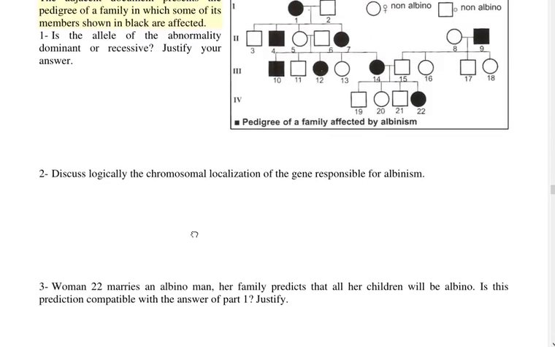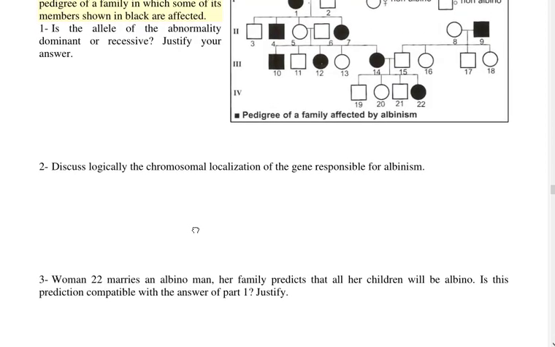Woman 22 marries an albino man. Her family predicts that all her children will be albino. Is this prediction compatible with the answer of part 1? Justify.